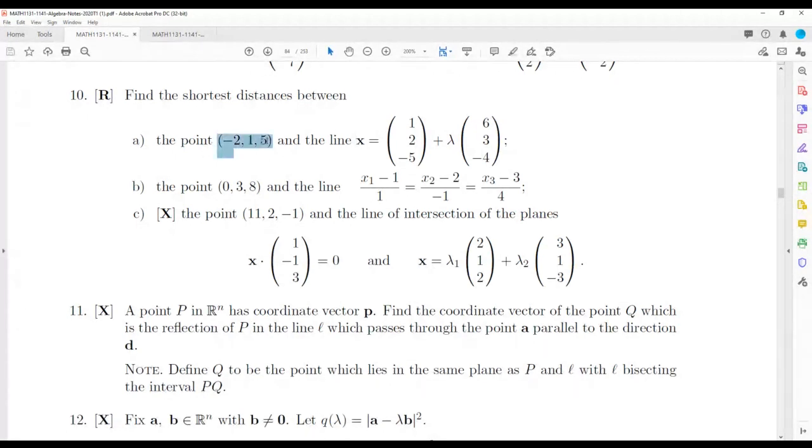So we know a point on the line, here's a vector that's parallel to the line, and here's a third point that's not on the line.